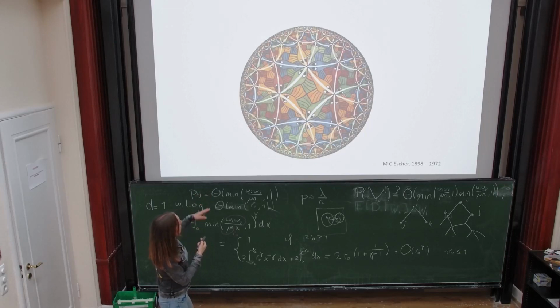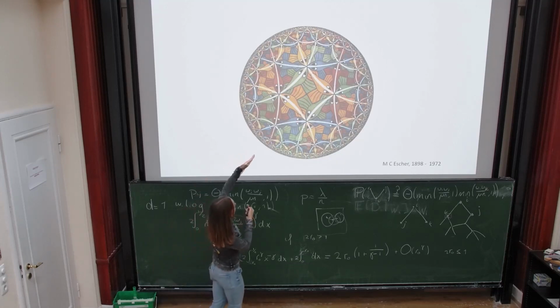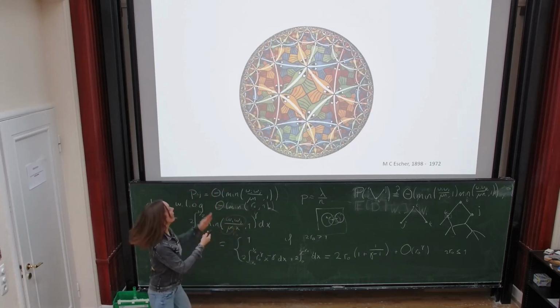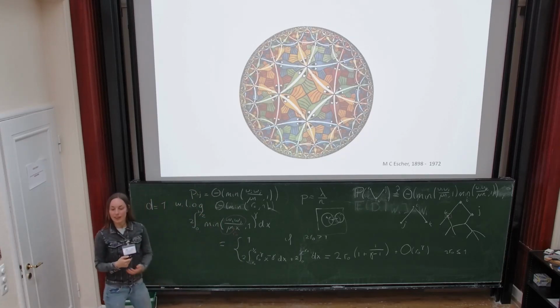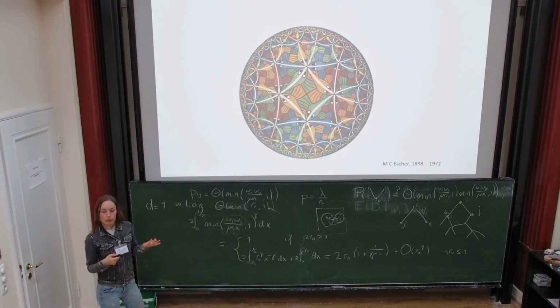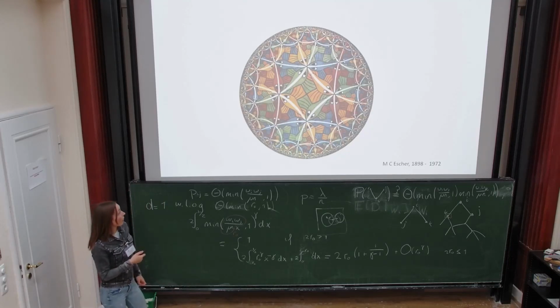Here we also see the same fish appearing everywhere, but close to the center the fish are much larger, because the distances are different. At least things that are in the center have more weight than the things that are very close to the border. And that was also a sort of inspiration for this hyperbolic random graph.